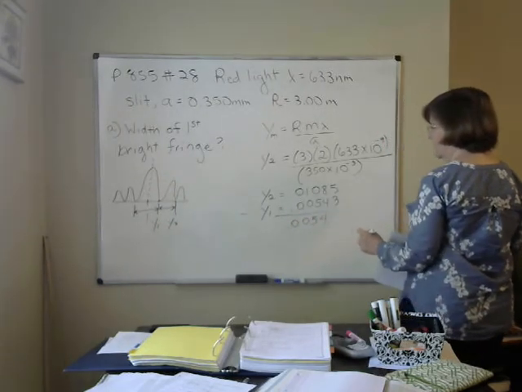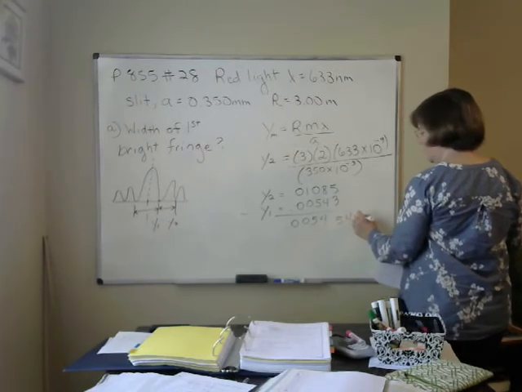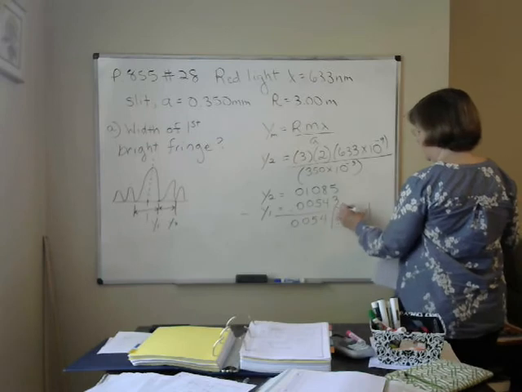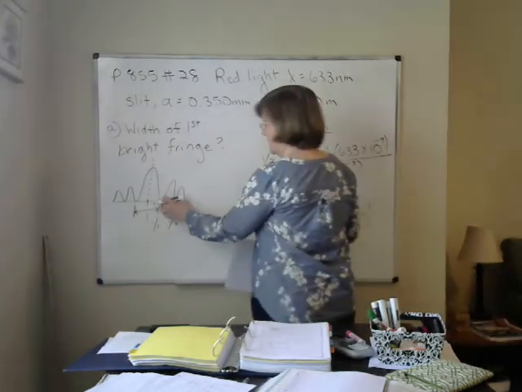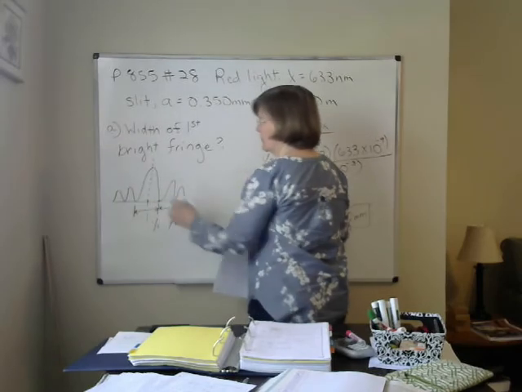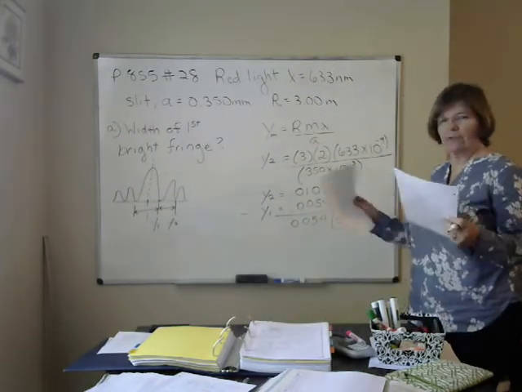That's enough significant digits, I think, or about 5.4 millimeters. So what we find is this bright fringe is about half the width of that central bright fringe. And that also seems to make good sense with what we understand.